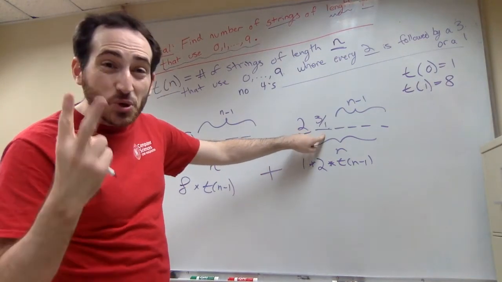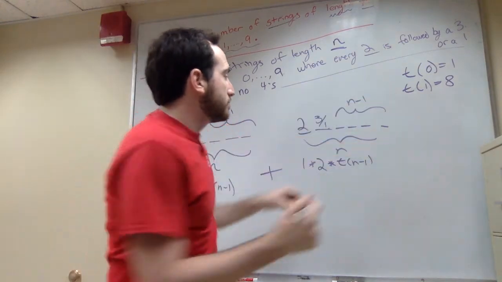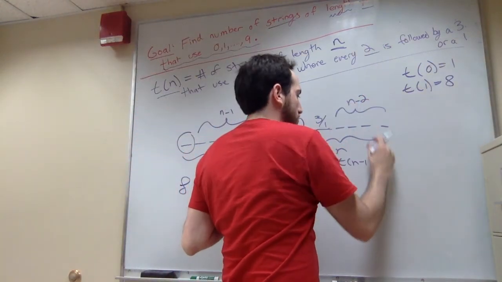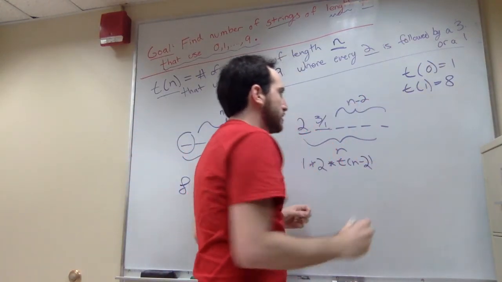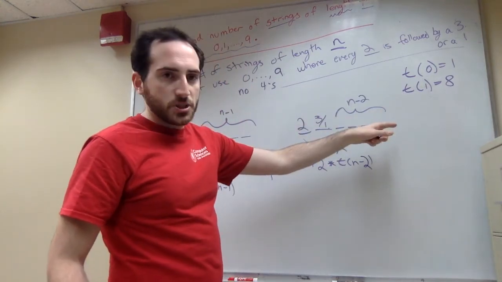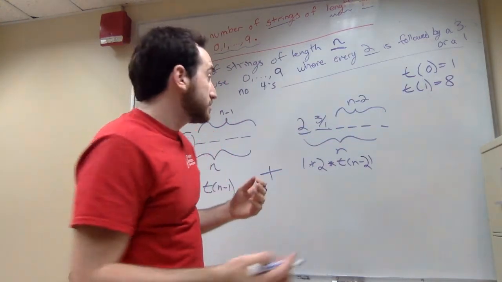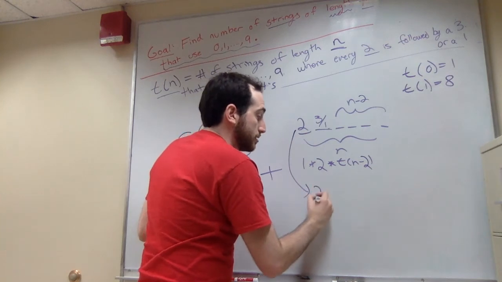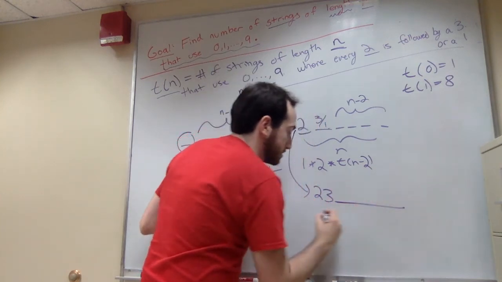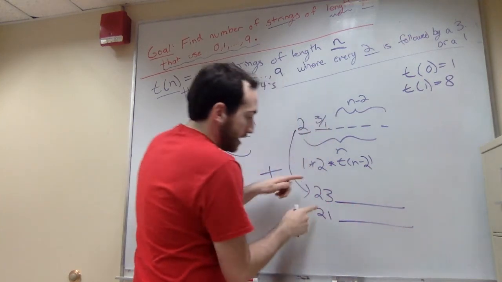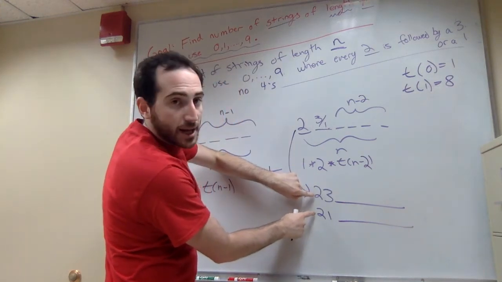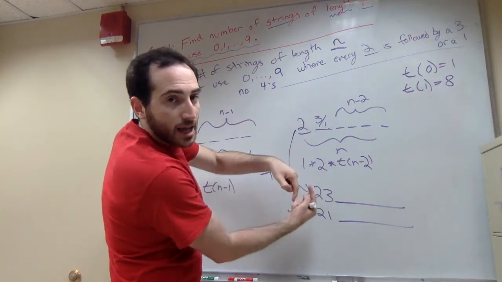Second spot, now there's 2 options. And then the remainder, sorry, this should be n minus 2. Y'all were probably screaming over that. Then for the remainder, there's t of n minus 2 options. Because this is really 2, 3, a bunch of stuff, or 2, 1, a bunch of stuff. For each one of these, there are t of n minus 2 choices, so it's 2 times that.